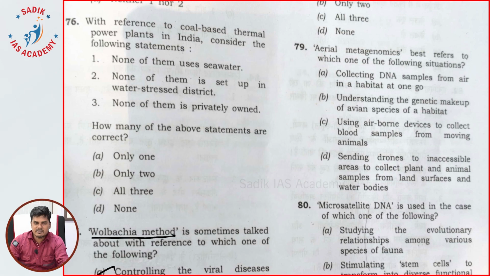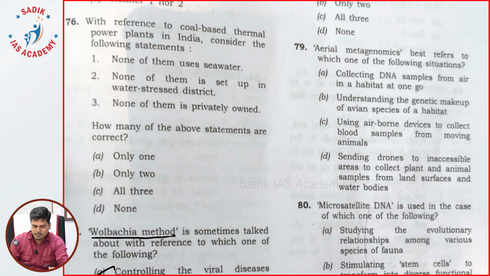So question number 79 from the set B question, it discusses about aerial metagenomics. Aerial metagenomics best refers to which one of the following situations? Option A, collecting DNA samples from air in a habitat at one go.